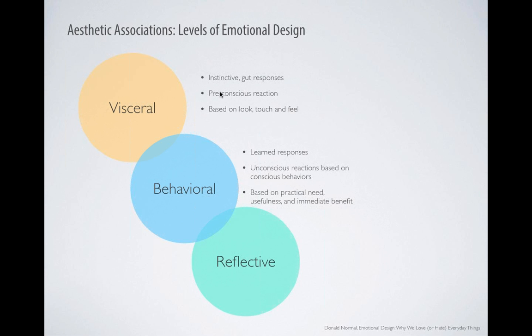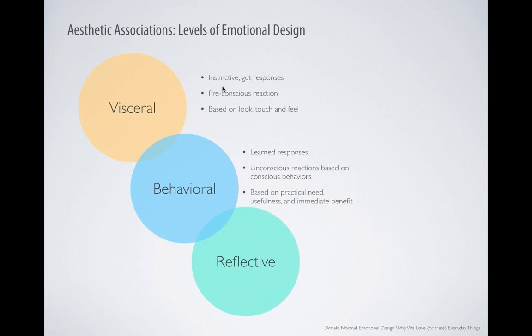A little bit higher up is behavioral, and these are things that we've learned to appreciate or learned to respond to, things that we recognize as being beneficial or valuable in some way, more in the short term, so things that are beneficial to us right now. It serves a specific purpose.